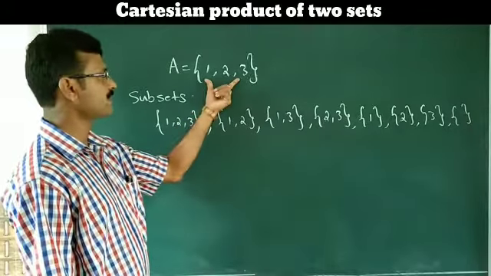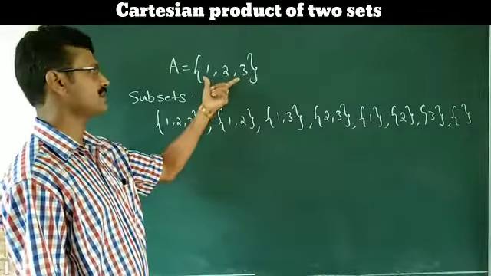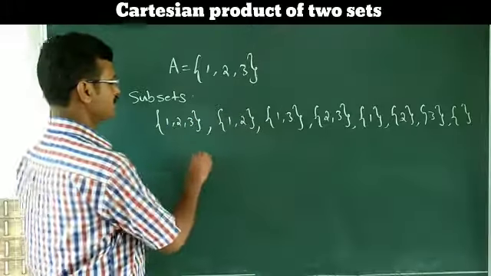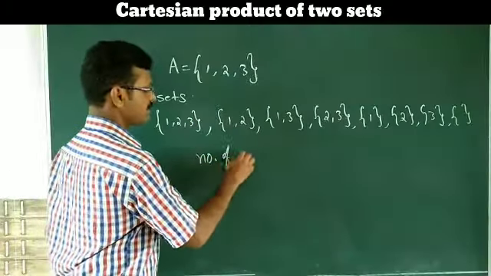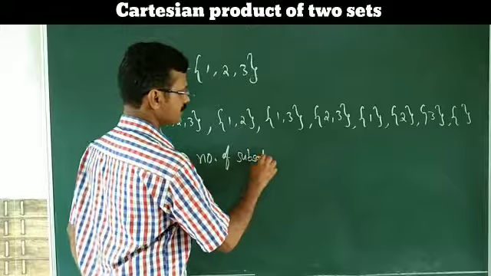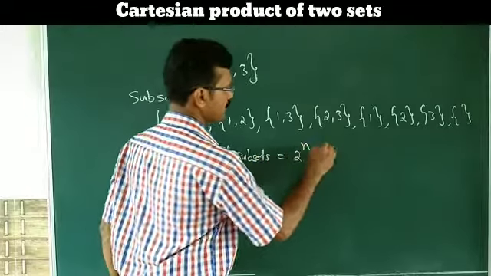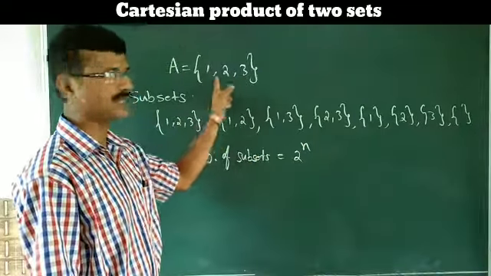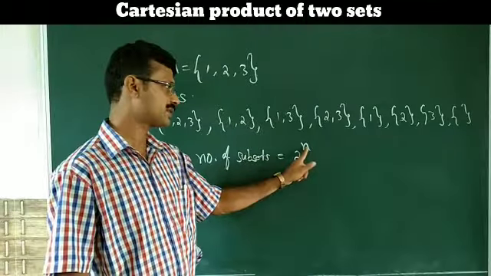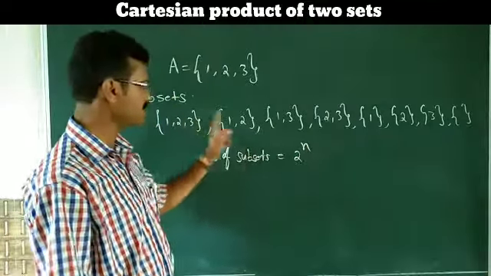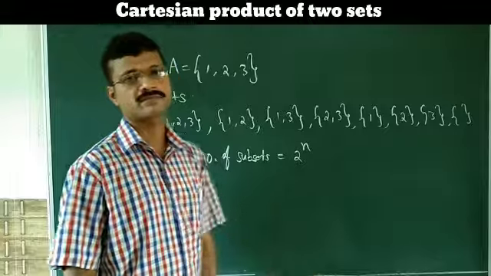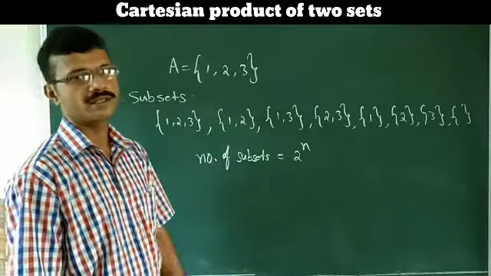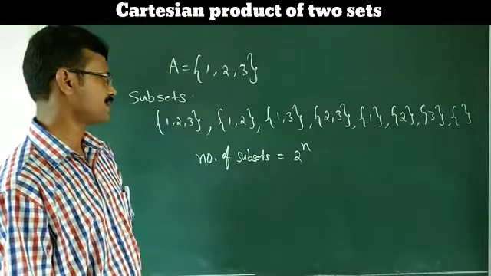And you come across a result also based on that. If a set A is having n elements, the number of subsets is equal to 2 to the power n. See here, this is having 3 elements, so 2 to the power 3, that is 8. If you count, you can see there are 8 subsets. Now what are proper subsets?